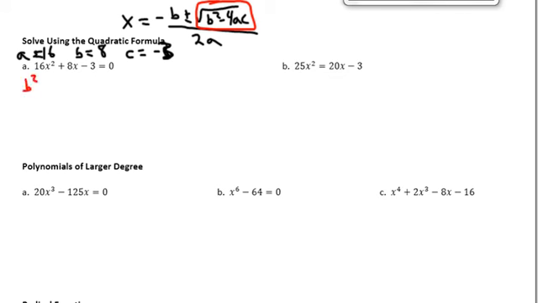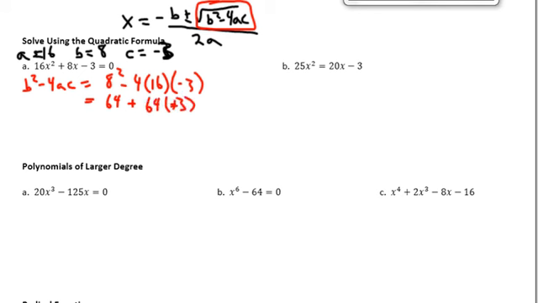So I'm going to do b squared minus 4ac, which is 8 squared minus 4 times 16 times negative 3. 8 squared is 64. Negative times a negative is going to be a positive. The 4 times 16 is 64, times a positive 3.